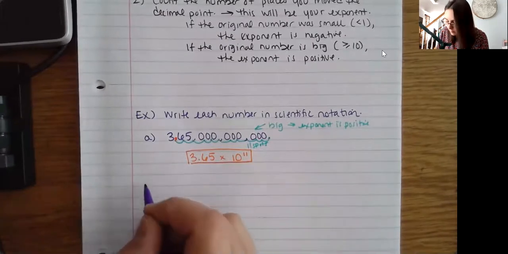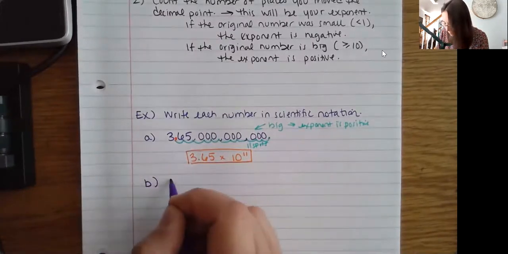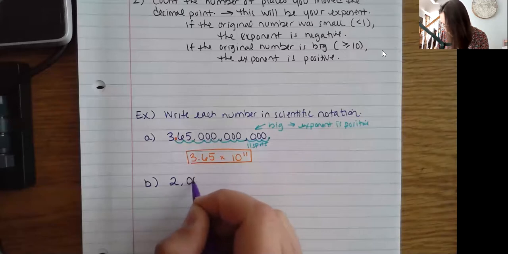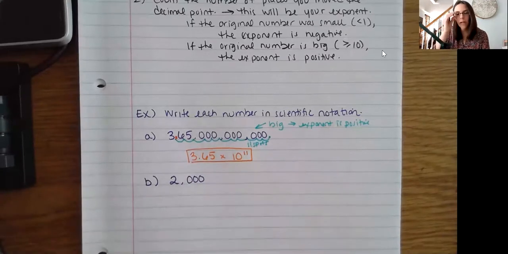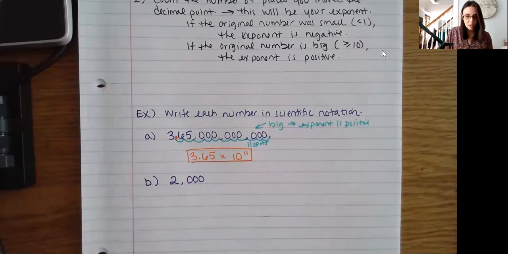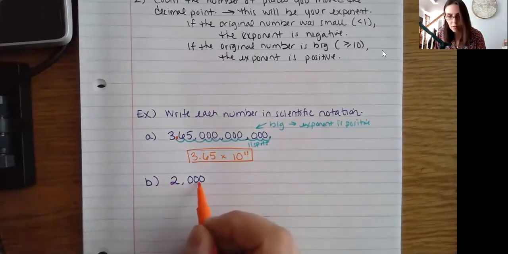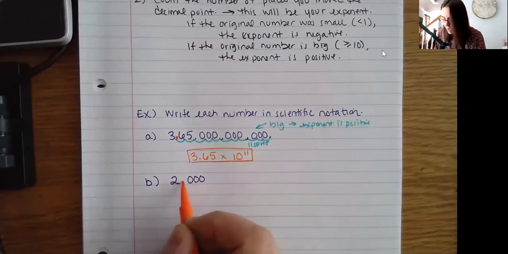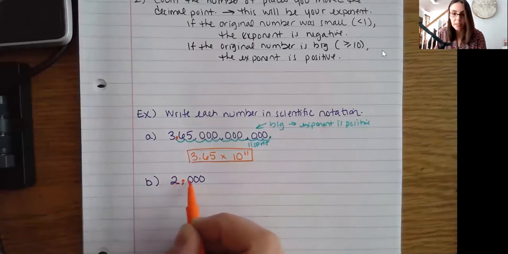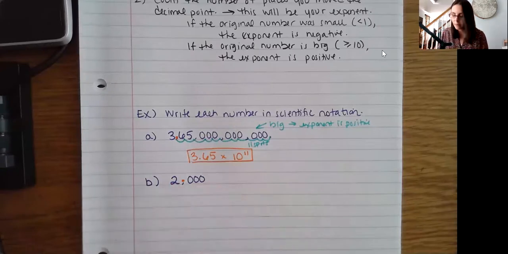Let's do another one. I'm going to do 2000. I know 2000 is not really that difficult to write out, but we're just going to practice here. So the first thing I need to do is stick my decimal point somewhere to make it a number between 1 and 10. If I try sticking it here, I get 200. Here I get 20, but if I stick it right there, I get 2.000, which is definitely between 1 and 10.